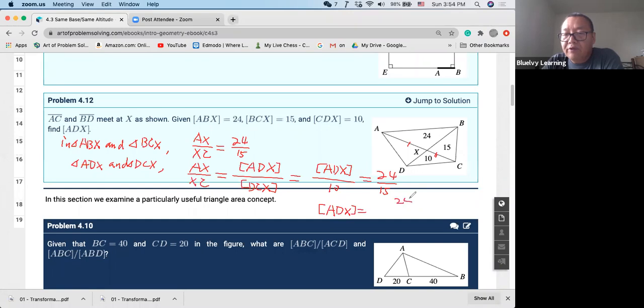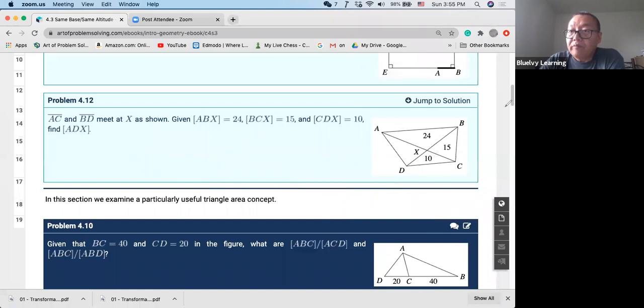That's 24 times 10, divided by 15. Now we can simplify this. This one's 2, this one 3, and the 3 goes into 24 to get 8. So you get 16. That means the area of this triangle equals 16, right? So then we got an answer for this problem, right?